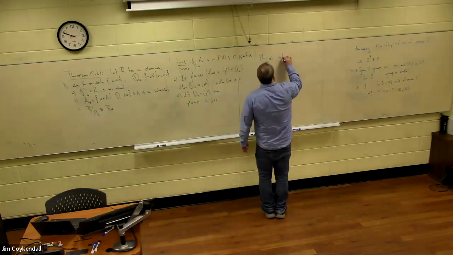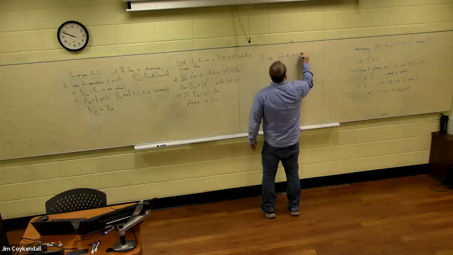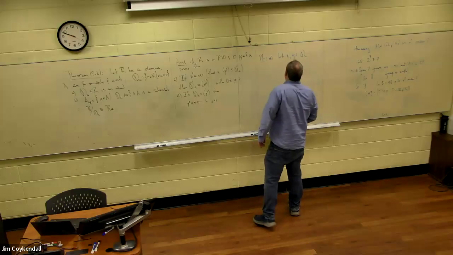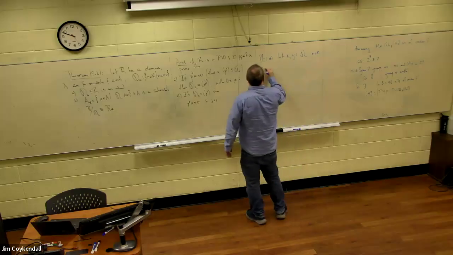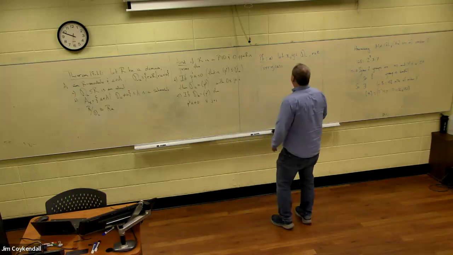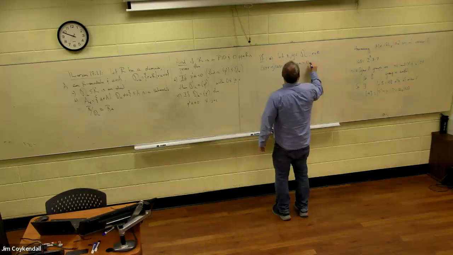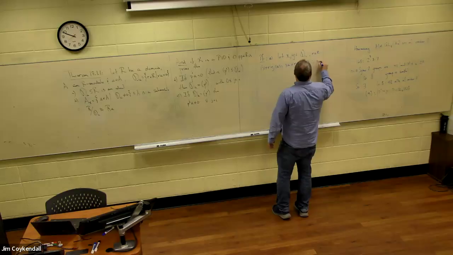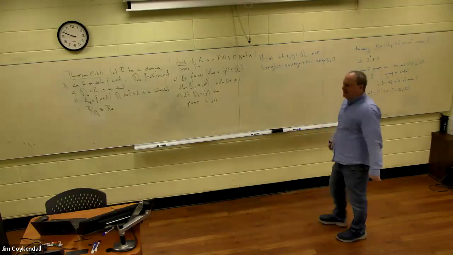So let X, Y be in DA, and R in the ring. Then X plus RY times A is XA plus RYA, which is 0. Therefore, X plus RY is in DA. So it's an ideal. That's the ideal condition.